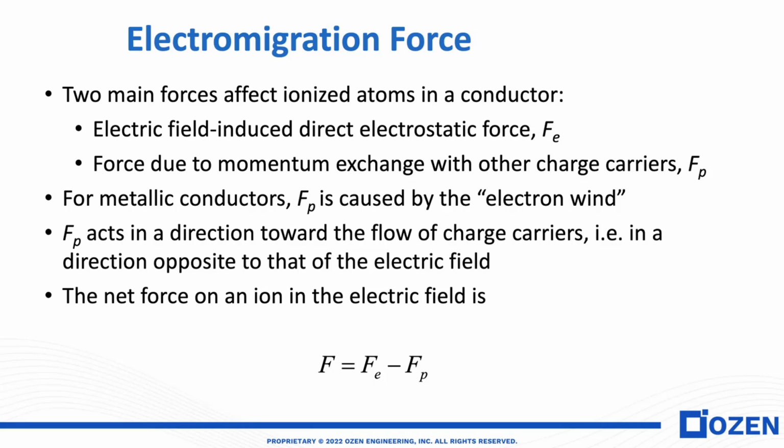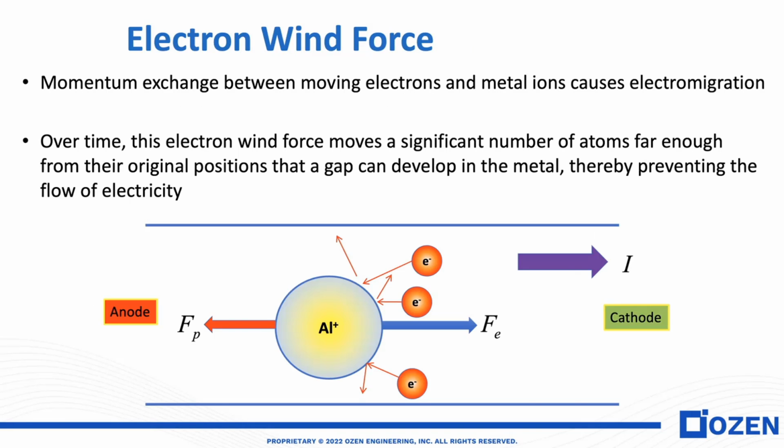So the net force on an ion in the electric field is F sub E minus F sub P. Please note that in this diagram, the current is going from left to right, whereas F sub P is going in the opposite direction, just like the previous slide said, and F sub E is going along with the current direction.